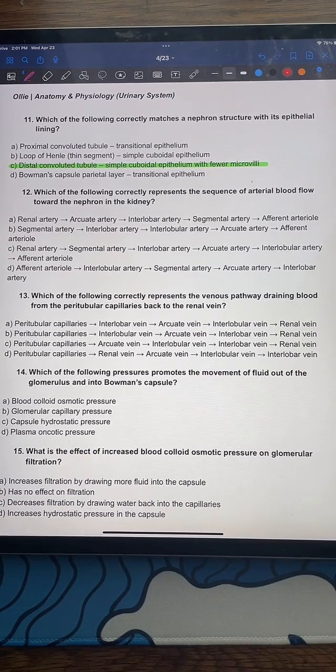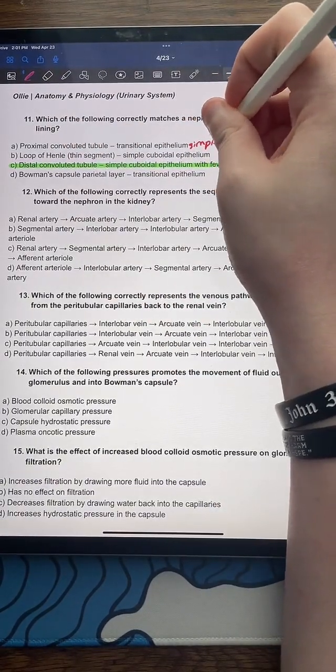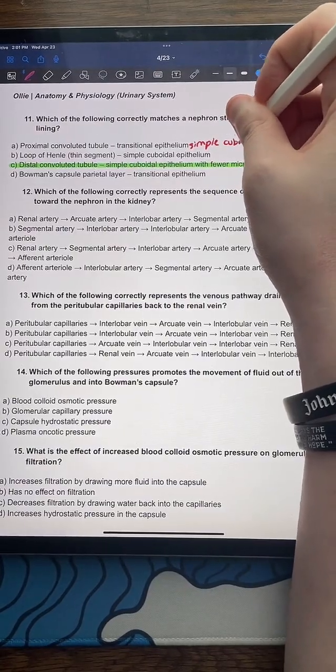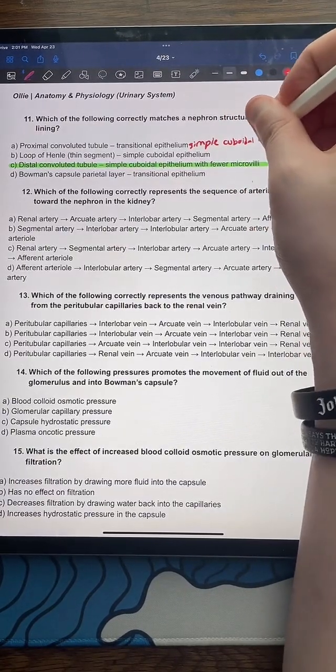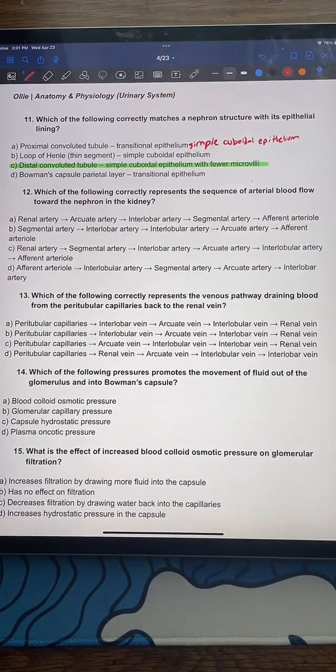Gotcha again. So the DCT has simple cuboidal epithelium. It does have fewer microvilli, but this is kind of just like matching up what kind of tissue aligns with these parts of the urinary system. So the proximal tubule has simple cuboidal epithelium, not transitional.